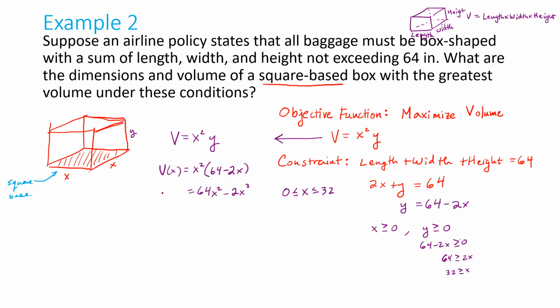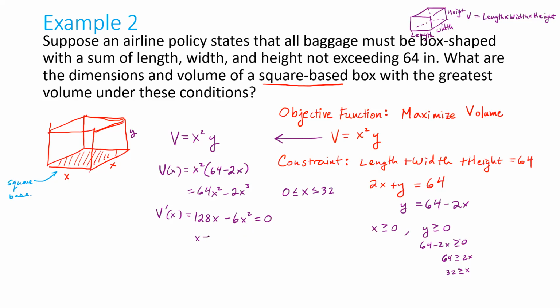Okay, with that in mind, let's consider that as we go. Now we can go through the process just like we did last time. We'll take the derivative and set it equal to 0. Here we get, let's see, 2 times 64, 128x minus 3 times 2 is 6x squared. Then I can set that equal to 0 and find my critical points.